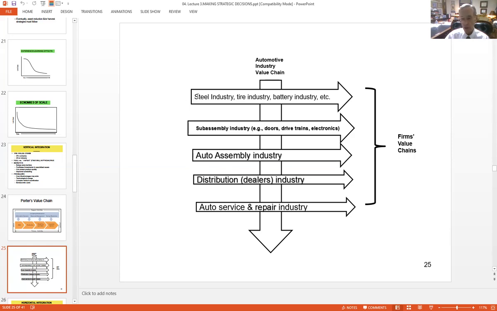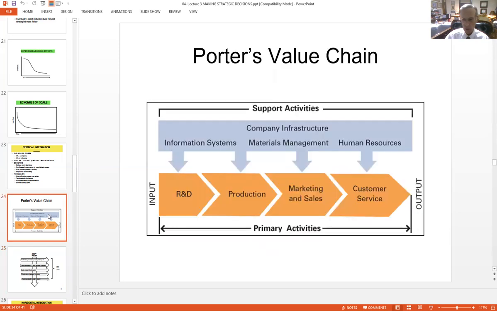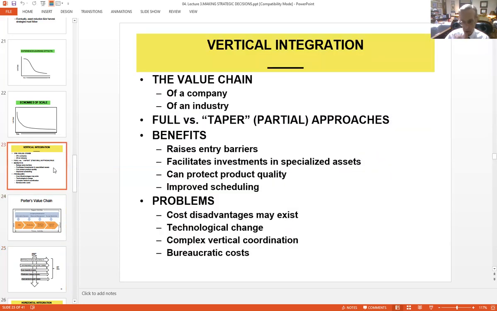So the steel industry has its own value chain, vertically as well as horizontally. So the value chain is far from the simple concept that it appears to be when we look at something like this. Let me go back to where we left off for a minute.